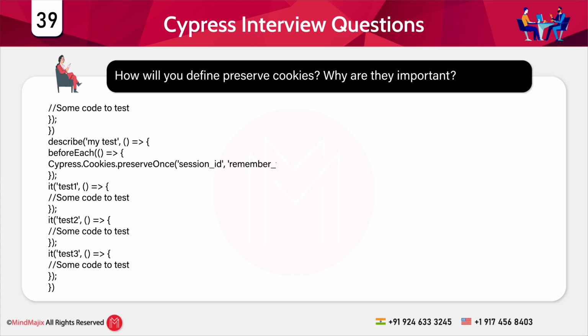Like in the previous code, we have written test1, test2, and test3. All of the cookies from test1 will be preserved for test2, and the cookies that were used for test1 and test2 you can use in test3 as well.